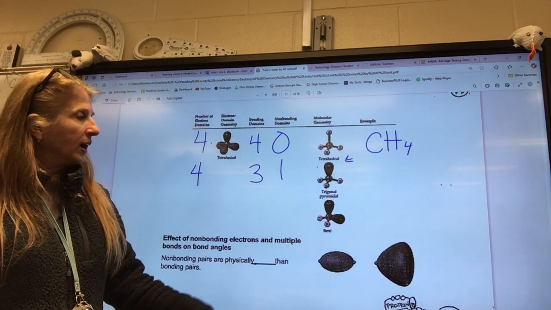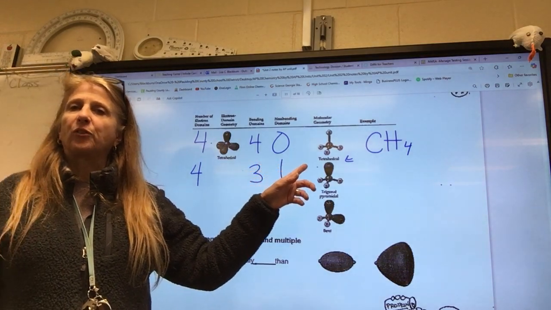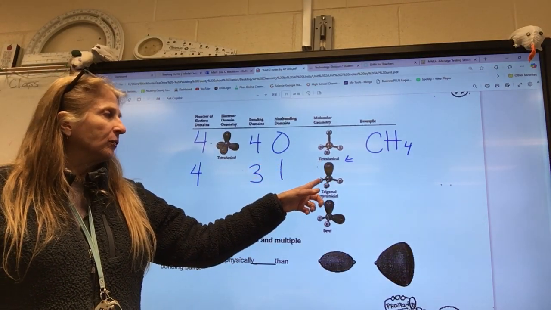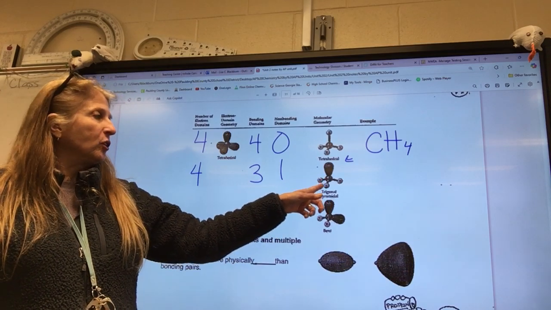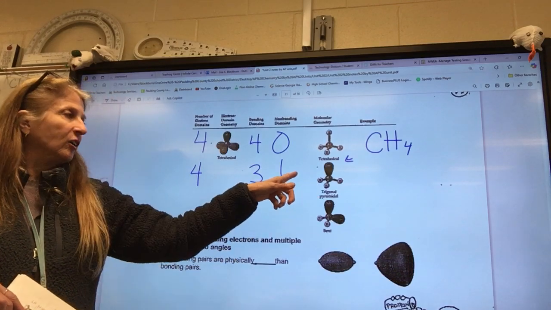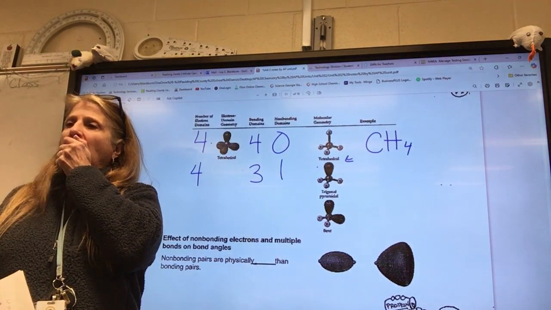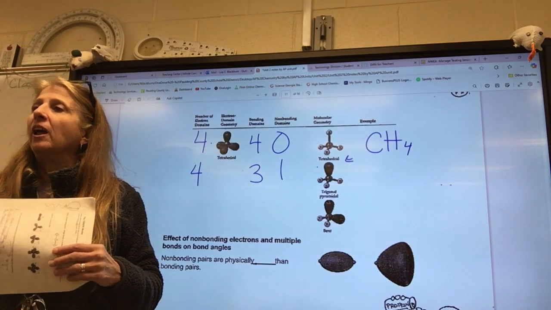So use the blue ball, and I think it should have 3 holes. And does it reflect this geometry? Can you make it? See if you can make the trigonal pyramidal. Stick 3 things out of the blue ball. And that should be, it's got 4 holes? No, it's got 3. Joseph has it.